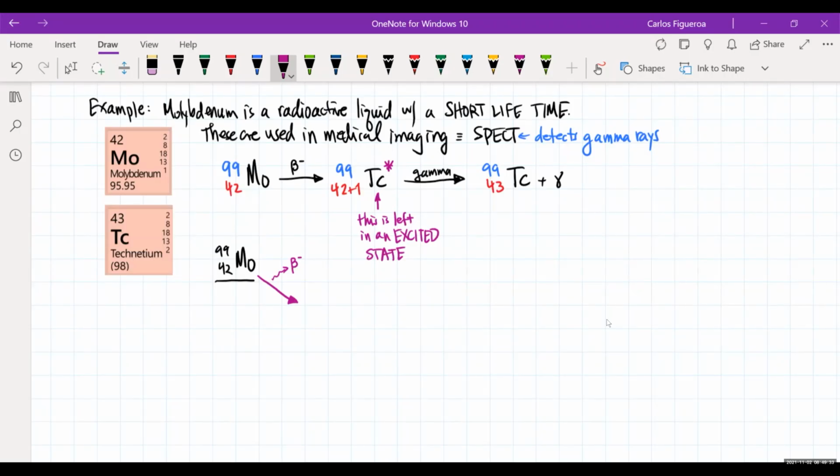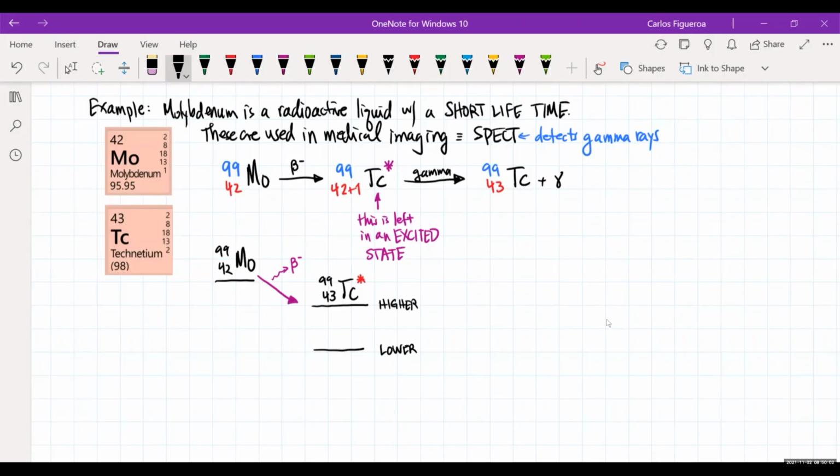What it does is leave this titanium in an excited state. So this is a higher energy state, and this one is a lower energy state.